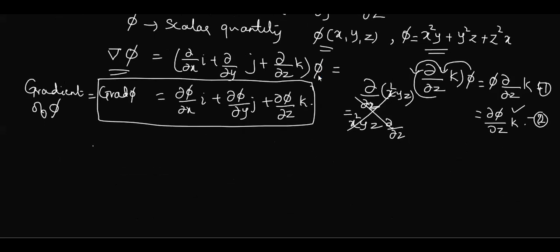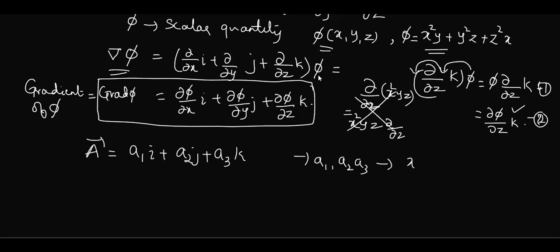I'll take one vector A bar, where I take it as a1 i plus a2 j plus a3 k. Usually we take a1, a2, a3 as constants, but here the important thing is a1, a2, a3 are all functions of x, y, z. Clear? Means they are not constants, they contain some x, y, z terms.